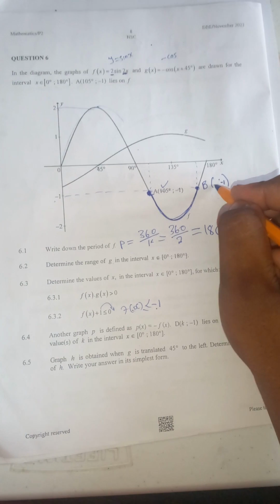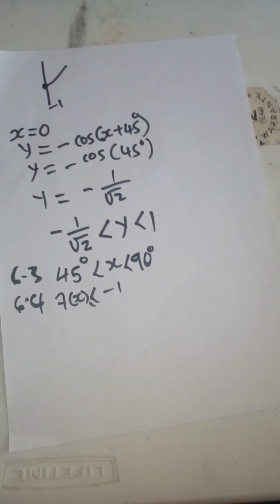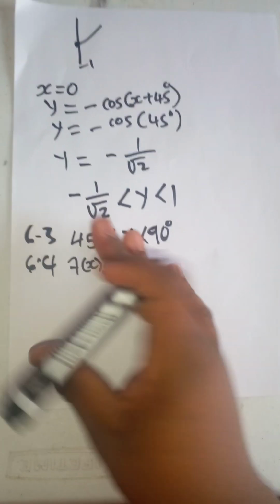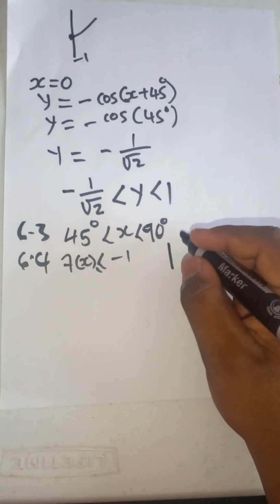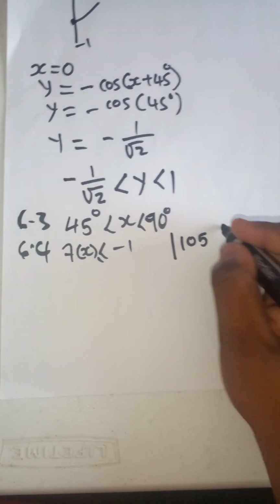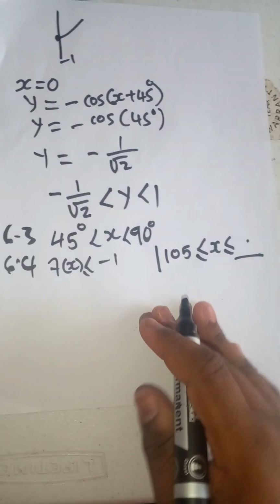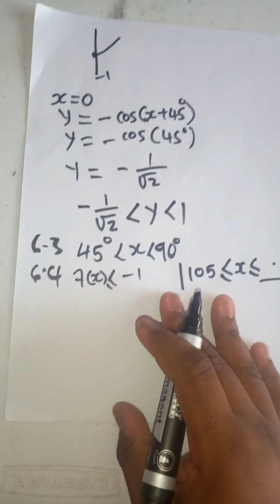So I have to check the other point whereby the graph of f is less than -1. The answer for this one, the first answer, is 105, because I was already given. So now I have to check the next answer there, because I already found the first one.